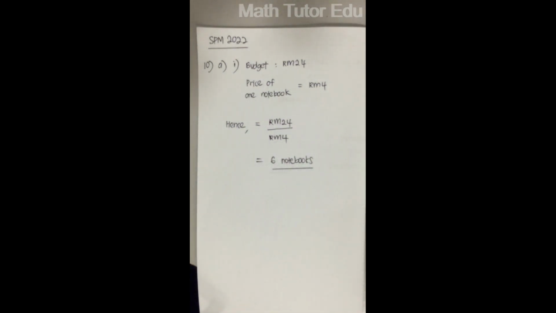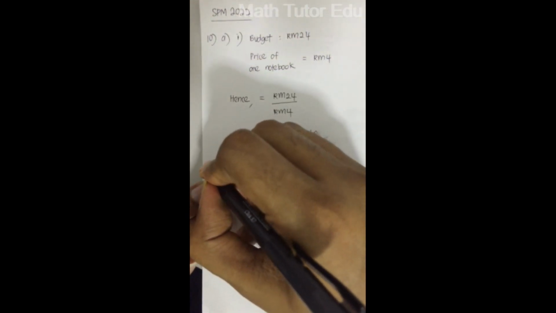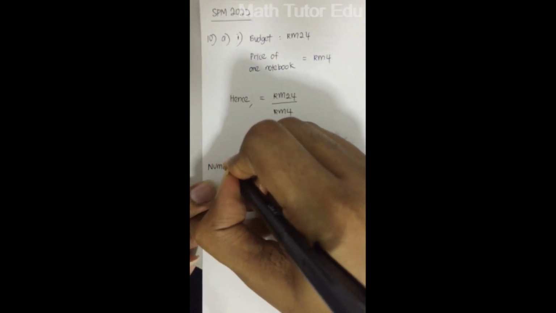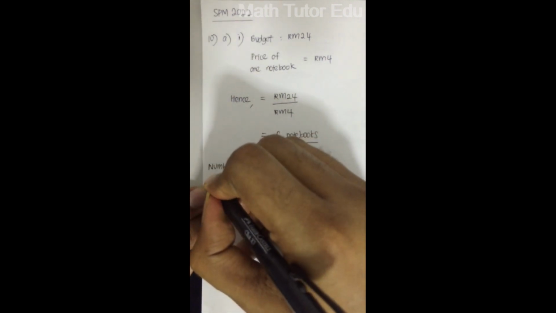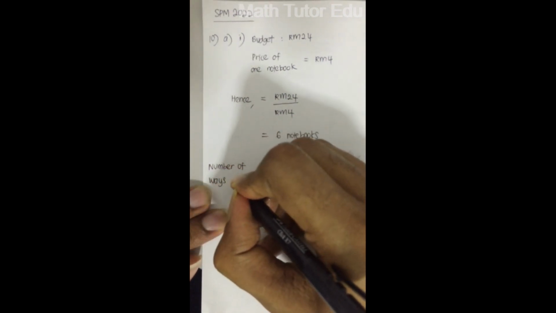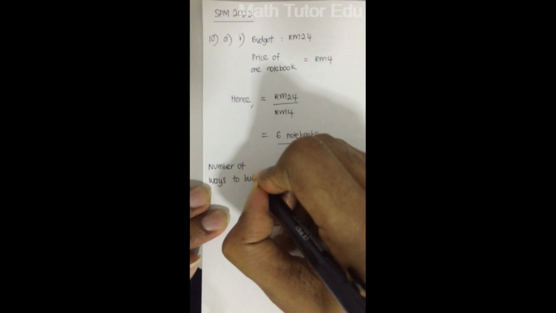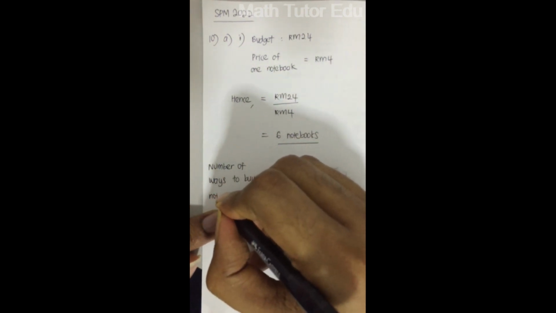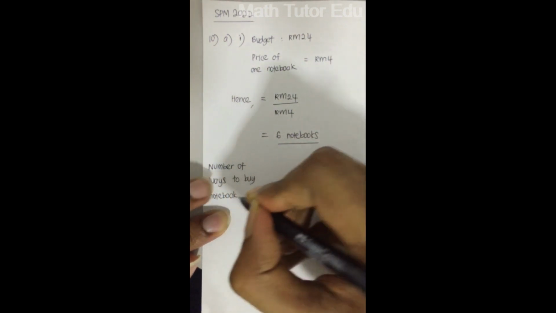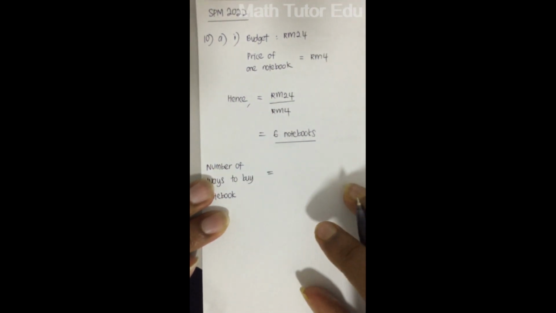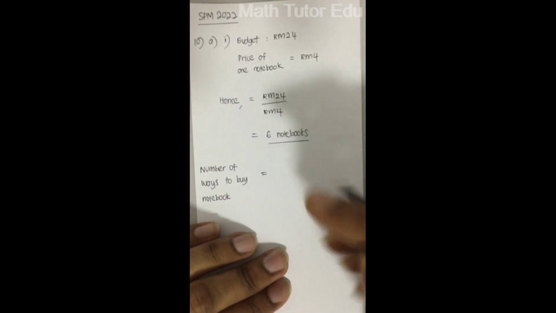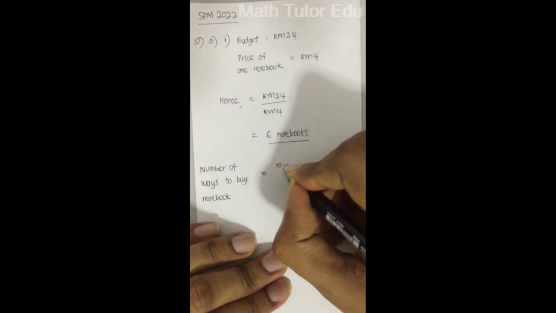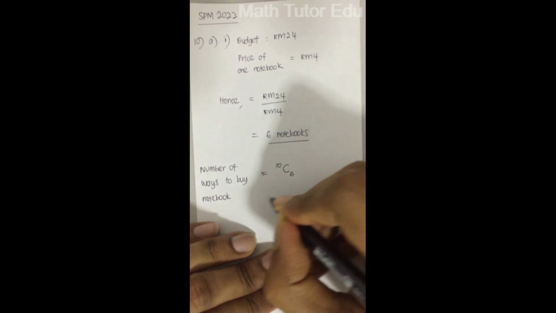So we can calculate the number of ways to buy notebooks, which is 10 choose 6.